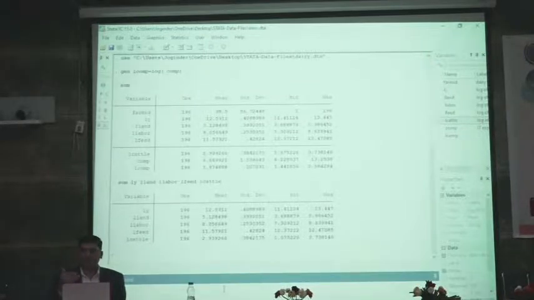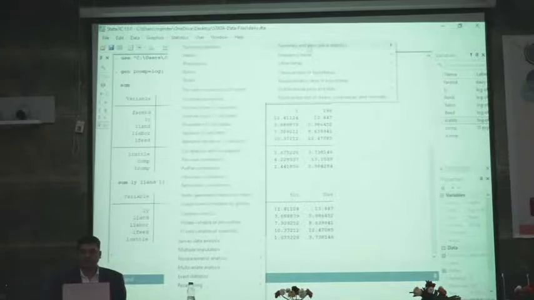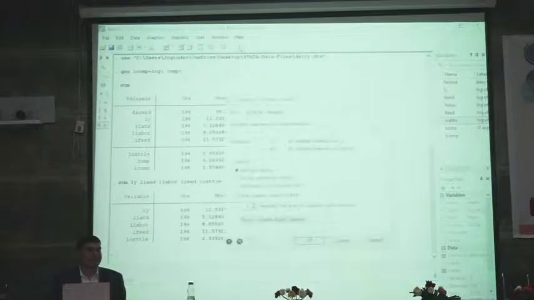Okay. And the second way of finding the summary is go to statistics, then Summary table, okay, and then summary statistics.